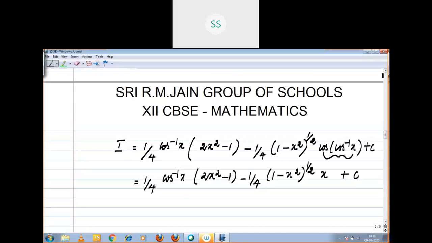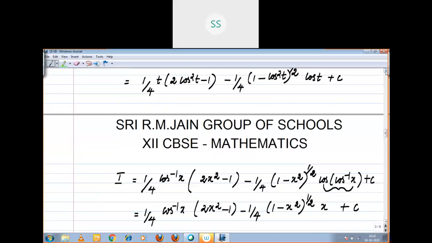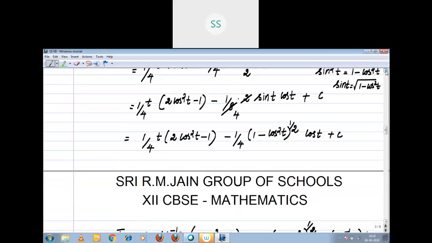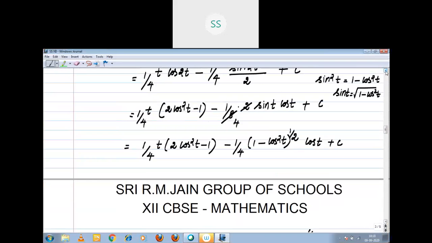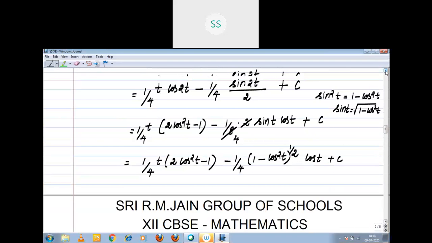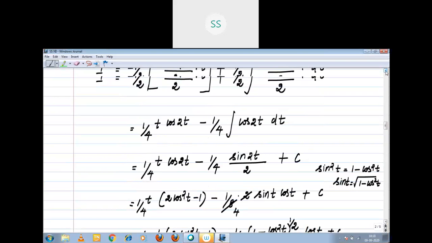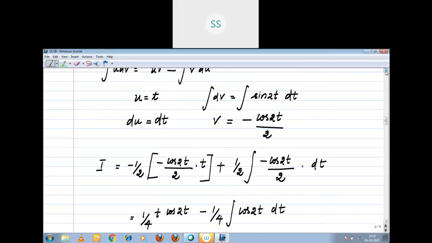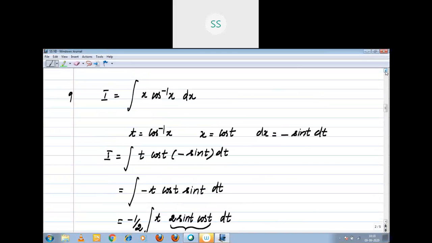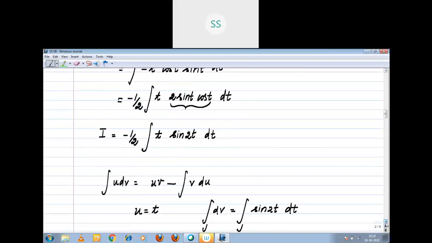Once again I will show you the previous step, children, then only you can understand. See here, in the first step, t is equal to cos inverse x, x is equal to cos t. That I used at the end.